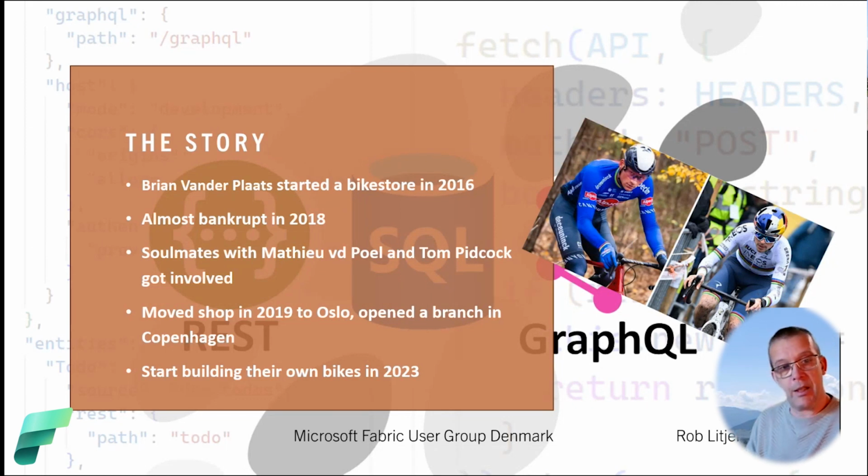Back in that day, they moved the shop to Oslo instead of America, and next to that, they opened a branch in some places, and also a branch in Copenhagen. And when it was 2023 and the bike selling went well, he also got feedback from colleagues who said, "Hey, we do want really good bikes, but a bit more customized and built to our own needs.